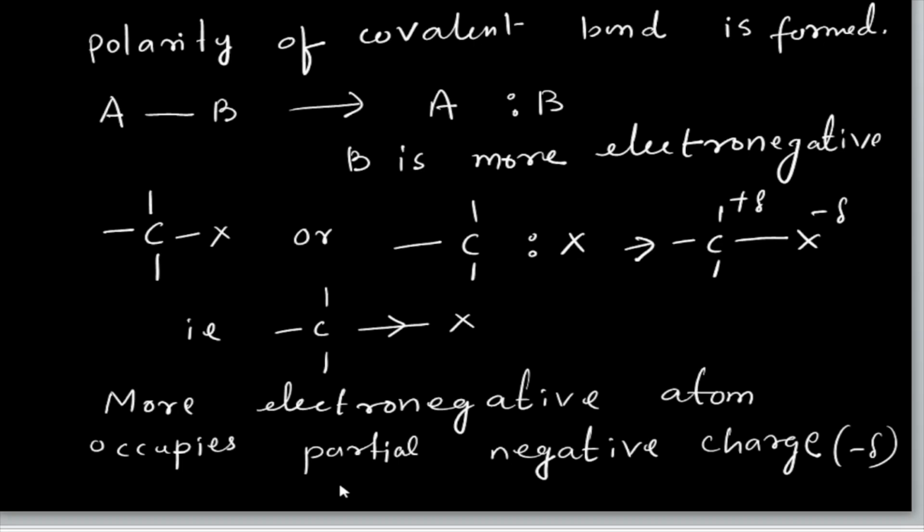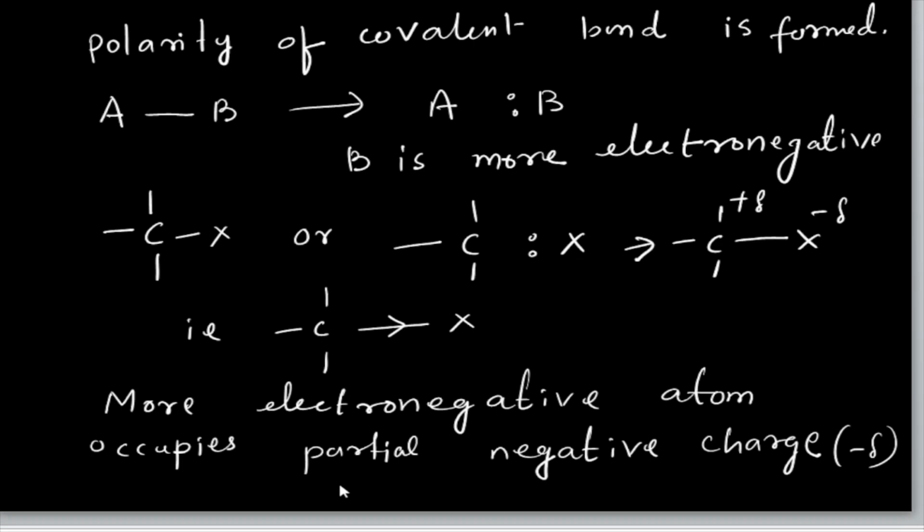That is why it never forms an ionic bond, but forms a bond with partial positive and negative charges. That means it is not 100% separated by positive and negative charge, but by delta positive and delta negative. Delta positive means partial positive charge and delta negative means partial negative charge. This is possible when one atom is more electronegative than the other.